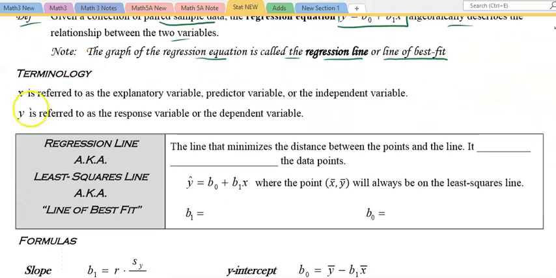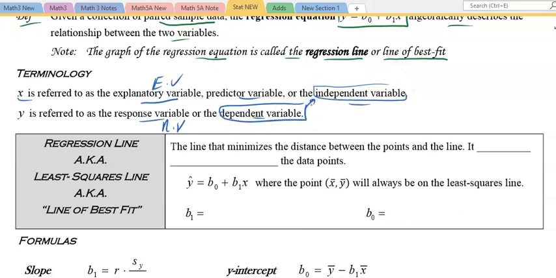Terminology. So, x is referred to as the explanatory variable, predictor variable, or the independent variable. Y is referred to as the response variable or the dependent variable. So this is independent and this is dependent on this. So regression line, least squares line, line of best fit, same thing.